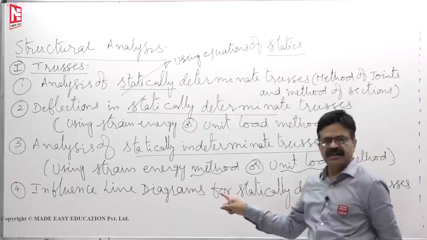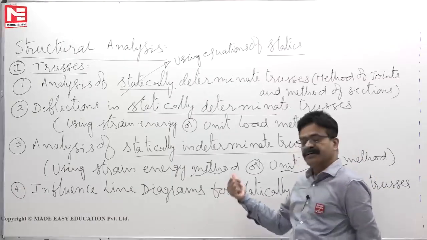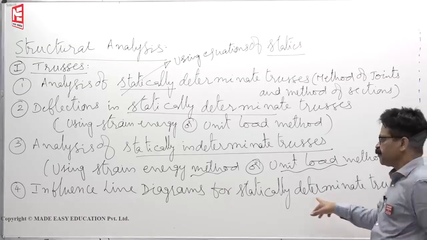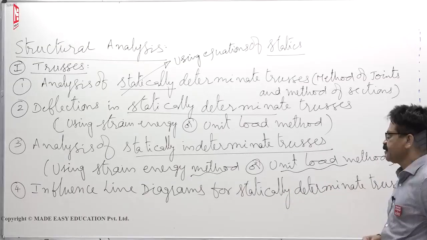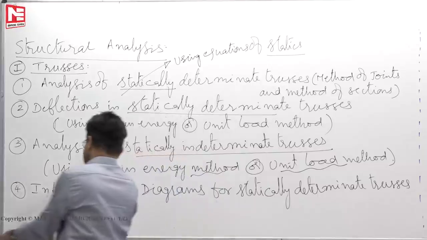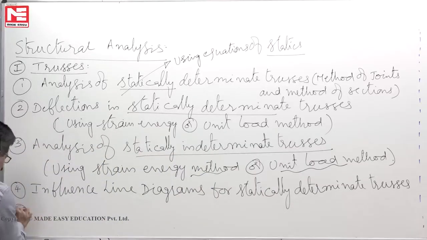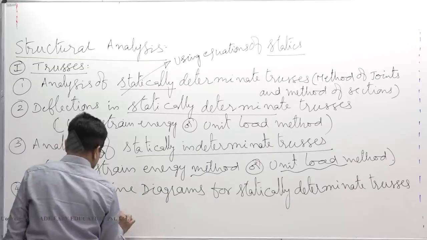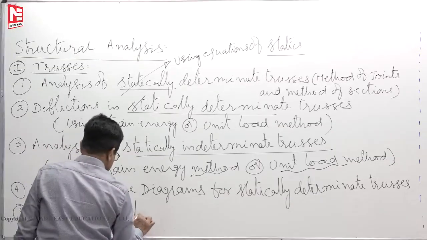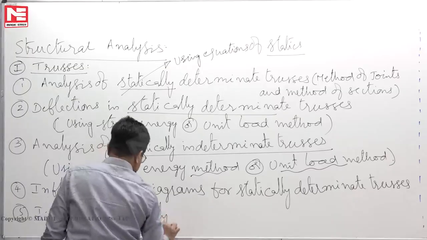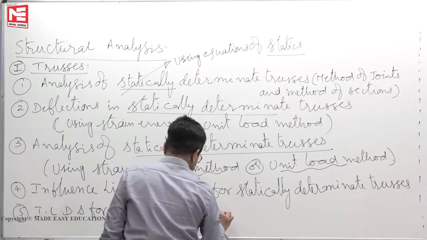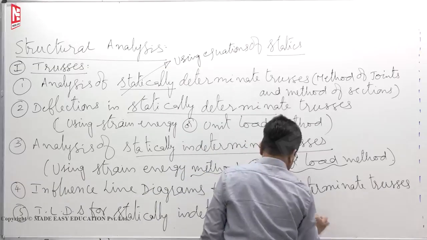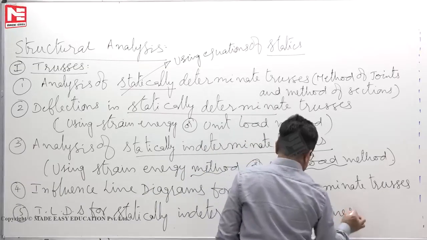Here we will also draw, as an introductory thing, influence line diagrams for cantilever beams, simply supported beams, etc., for determinate structures only. Next, we will also draw influence line diagrams for statically indeterminate structures.